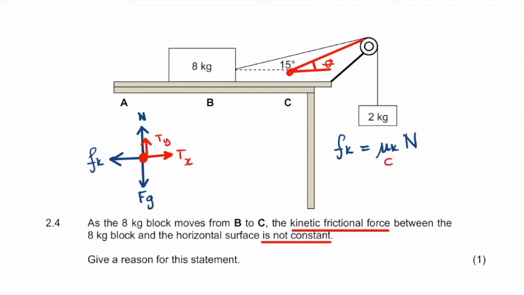So I need to think about the normal force. In this situation, N is going to be smaller than the gravity because you've got the y component helping to keep it from sinking into that table. So here you will have N equals gravity minus that y component.